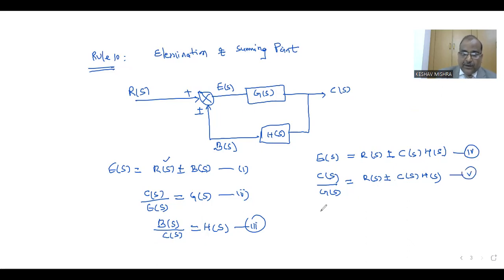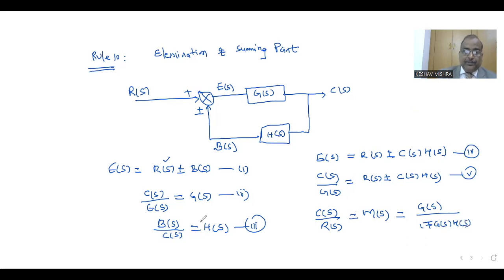From this relation, we can find the ratio of C(s) upon R(s), which is very simple manipulation. So this C(s) upon R(s), which is termed as the overall transfer function, is equal to G(s) upon 1 plus G(s) H(s).